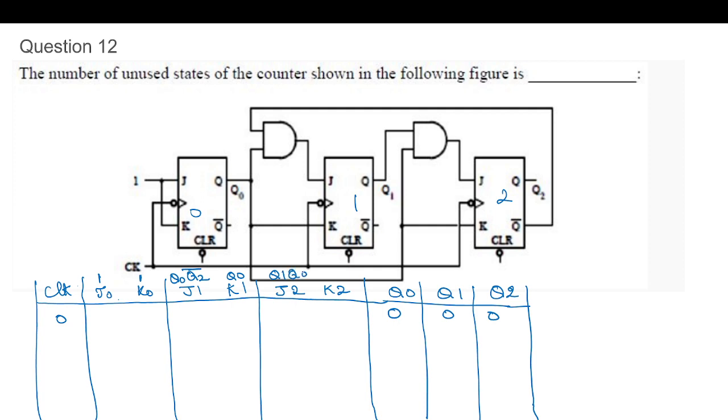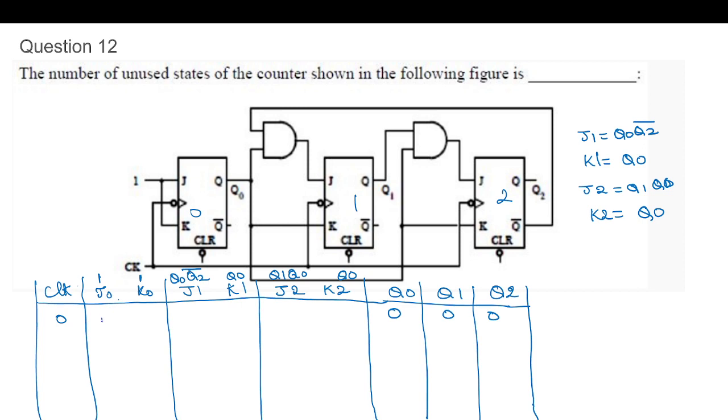So J1 is Q0, Q2 bar. K1 is Q0. J2 is Q1, Q2, Q0. K2 is Q0.